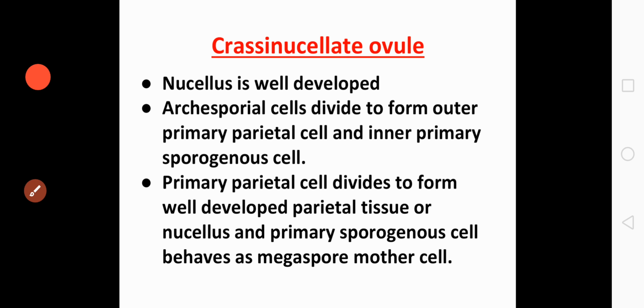So moving on to the next concept. Now, at the time of development of the female gametophyte, what happens is the nucellus cell, or any cell of the nucellus at the micropylar region, enlarges in size and becomes the archisporial cell.